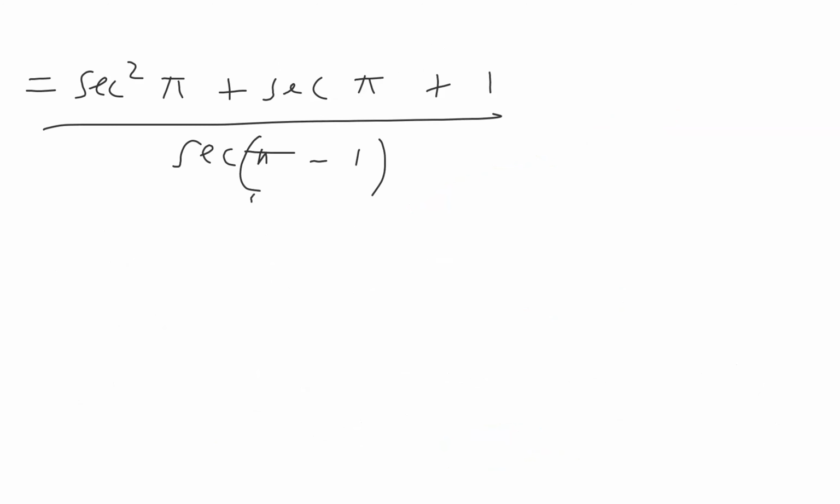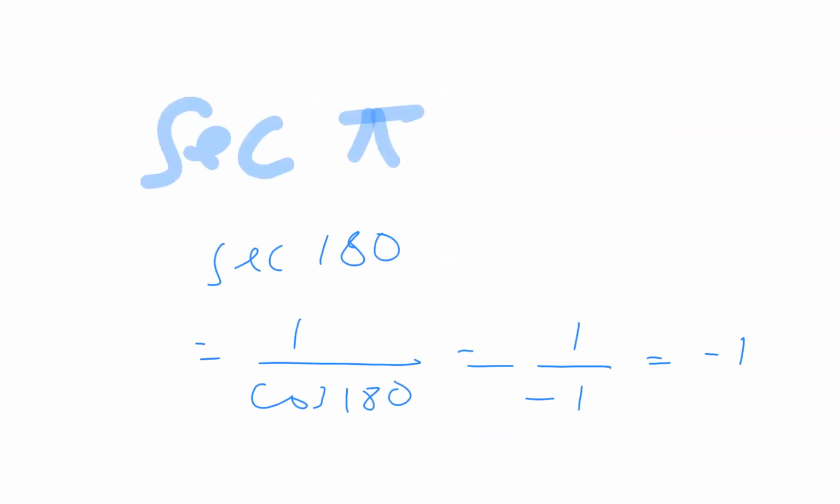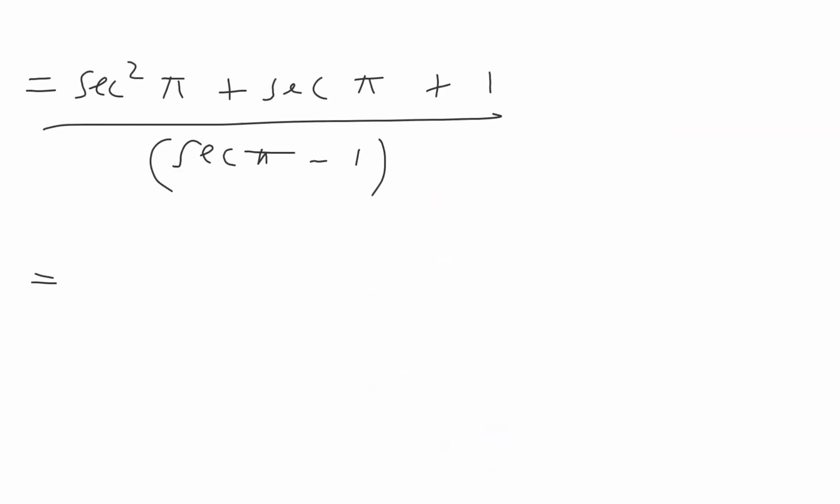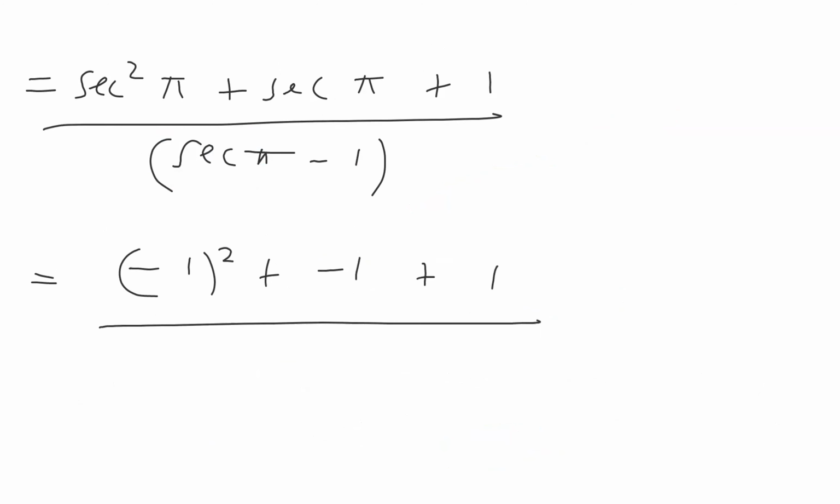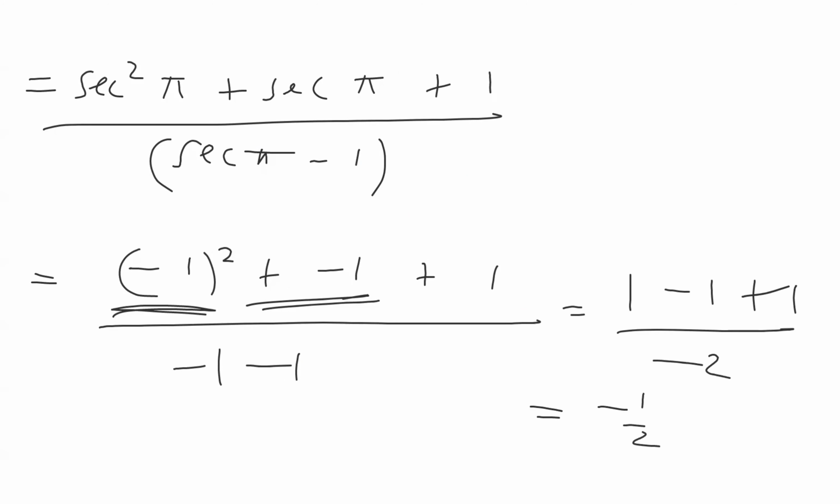Should be this way. Yeah, sorry. Now sec pi value we have already calculated. Sec 180, which is minus 1. So minus 1 the whole square plus minus 1 plus 1 upon minus 1 minus 1. Okay, so 1 square is 1 minus 1 plus 1 upon minus 2. So the answer is minus 1 upon 2.